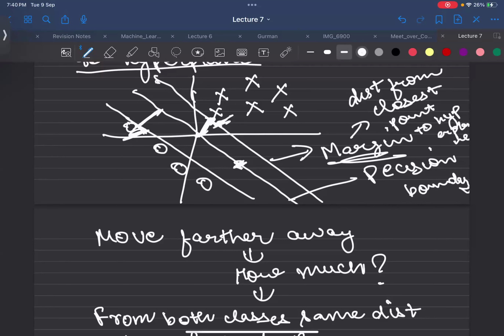I draw a margin line touching the closest point from both ends. And can I say this margin should be maximized? This is the thickness of the slab from both sides. This distance should be the same, and it should be maximized.